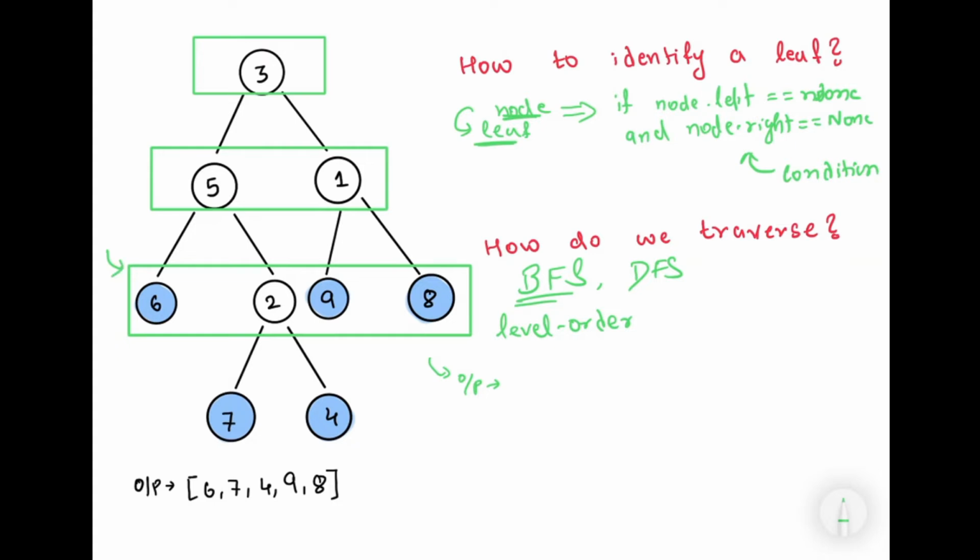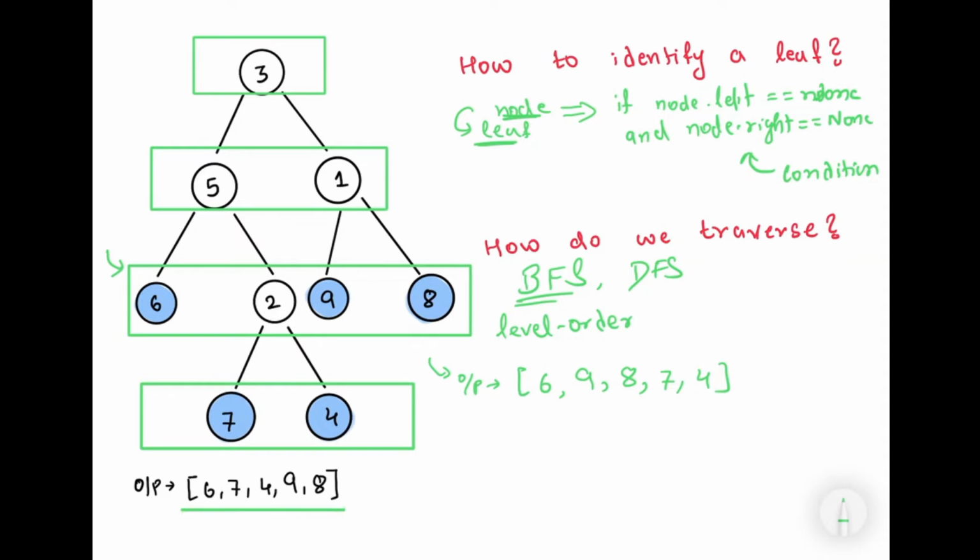I will encounter 6 as the leaf, so I will add it. Then I will encounter 9 as the leaf. I will encounter 8 as the leaf, and then I will move on to the next level where I will encounter 7 and 4, which is not matching this. So our actual answer is this, and it's not the same as this.